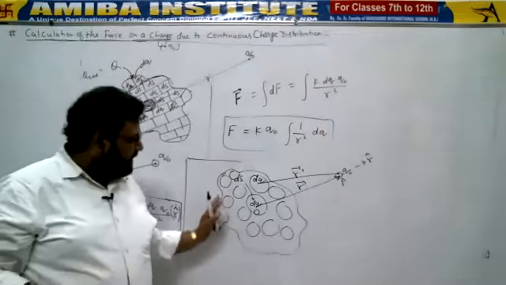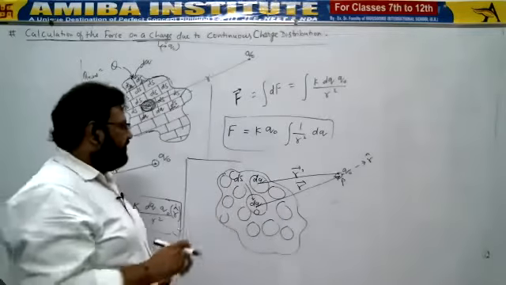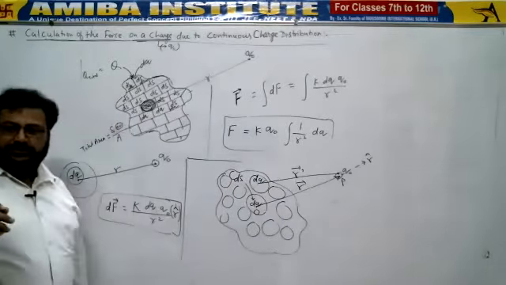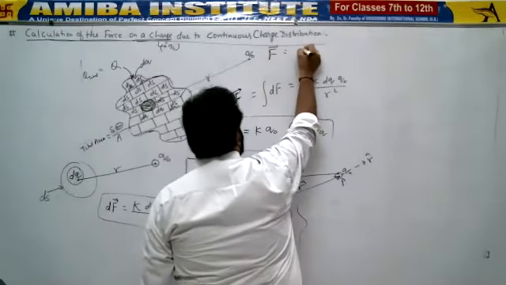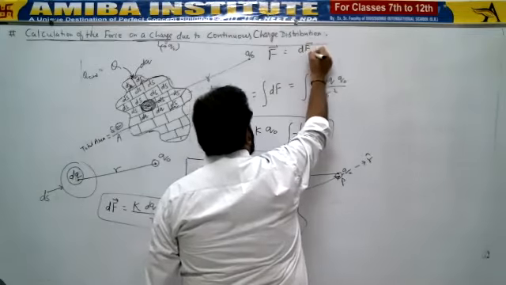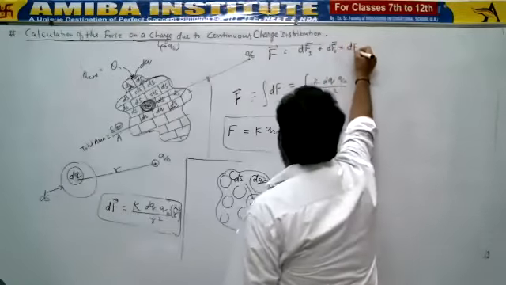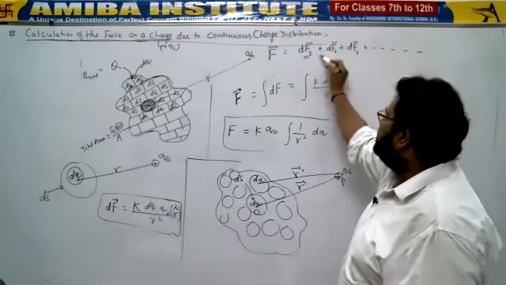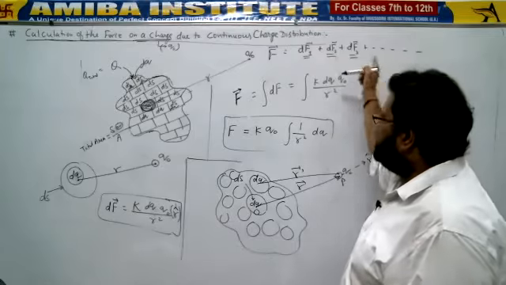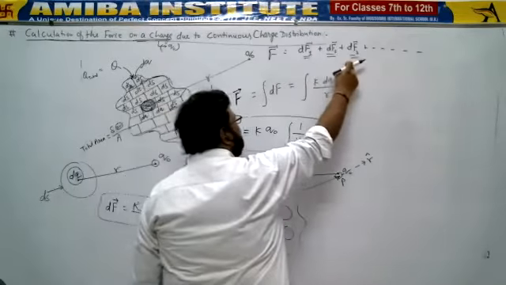But since they are distributed continuously, for adding them we need to take the superposition principle. It means the total force is considered as dF1 vector, dF2 vector, dF3 vector, and so on, for all the charges.